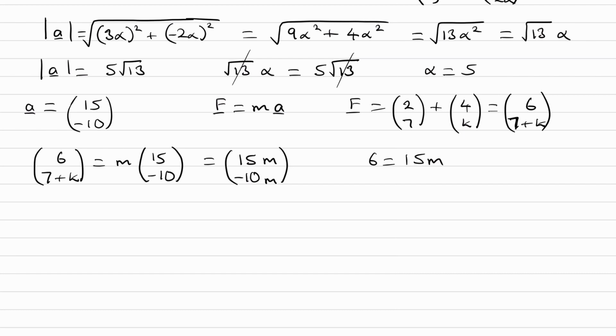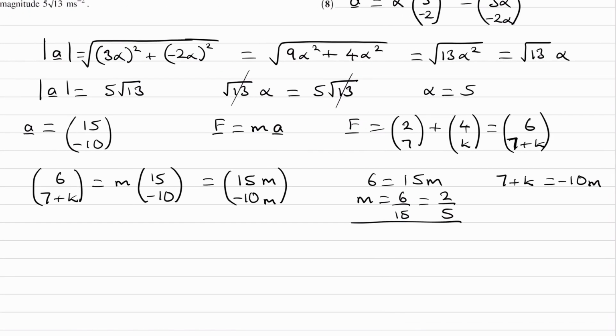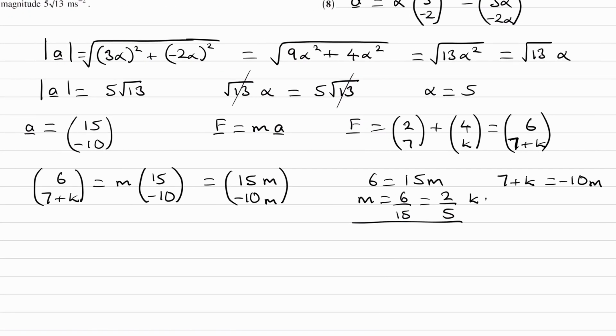We can also equate the j components, so 7 plus k is equal to minus 10m. And from this equation, we can work out the mass. We can see that mass is then equal to 6 over 15, or 2 over 5. So there is our mass. Did we want to work out what k is? No, that's it. So our mass will just be 2 over 5 kilograms.